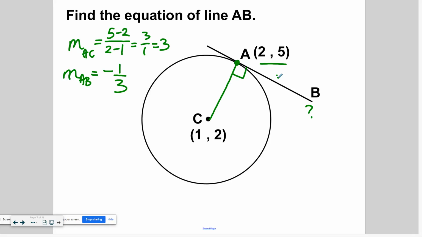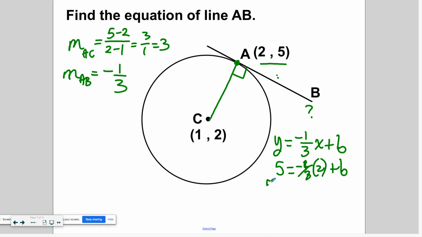Great, so I've got a slope, I've got a point. You could use point-slope form, or I'm just going to go ahead and use slope-intercept form and just find my intercept. So I'll put in the 0.25. Whoops. And then simplify that. So that's -2/3.